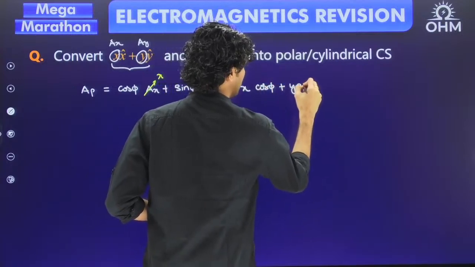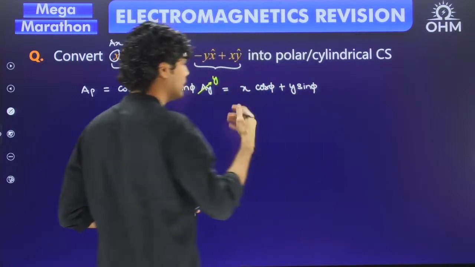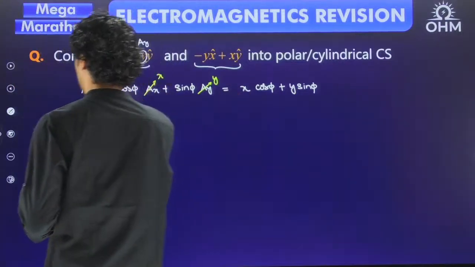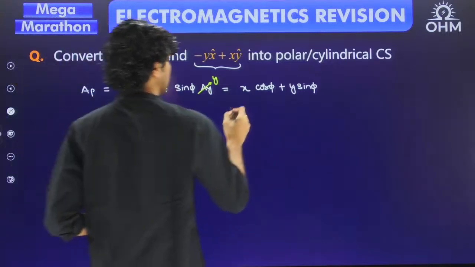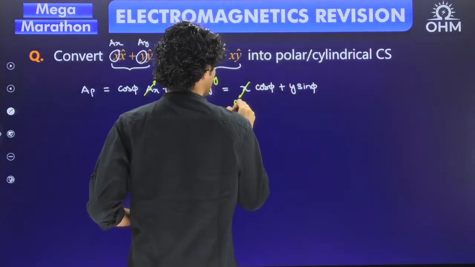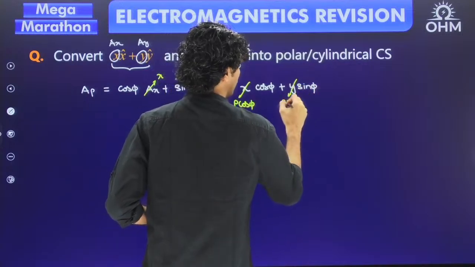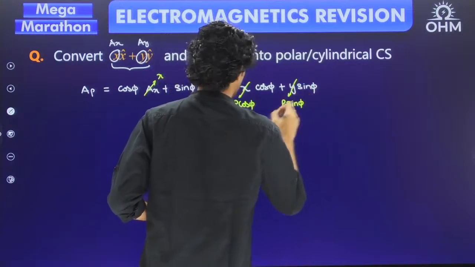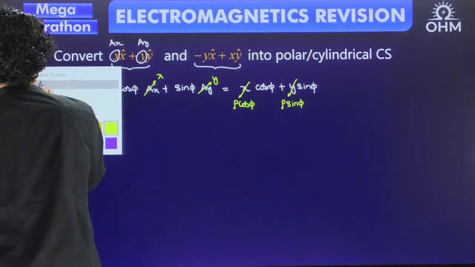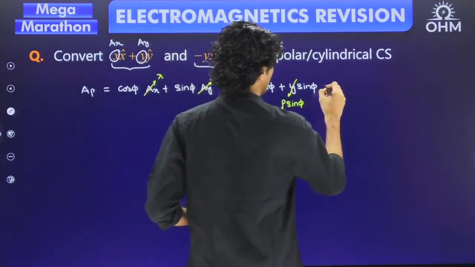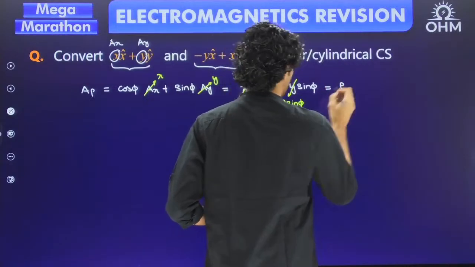Now in the polar coordinate system, everything should be in terms of rho, phi, z. What is x right now? Point conversion: x is rho cos phi and y is rho sin phi. If you substitute this data, we get rho, which I can take common from the first and second parts.